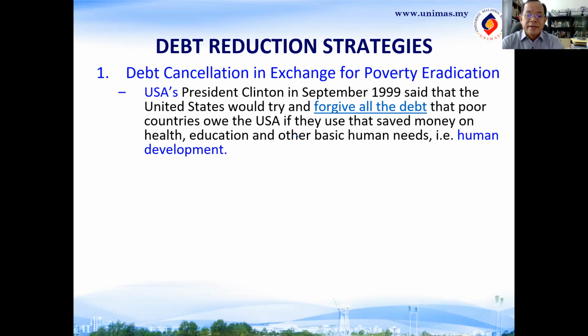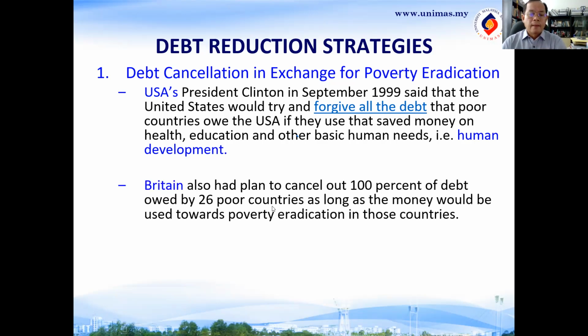I don't know how many billions, but just forget about that. As long as the poor countries are willing to make use of that money for improving the human development in the country, ya, termasuk education, health, and so on.